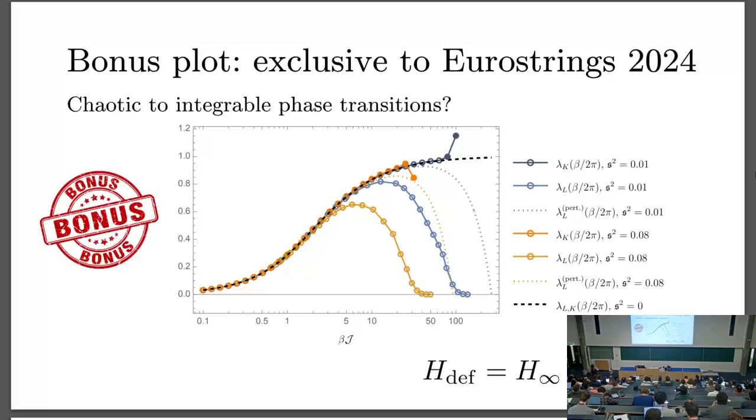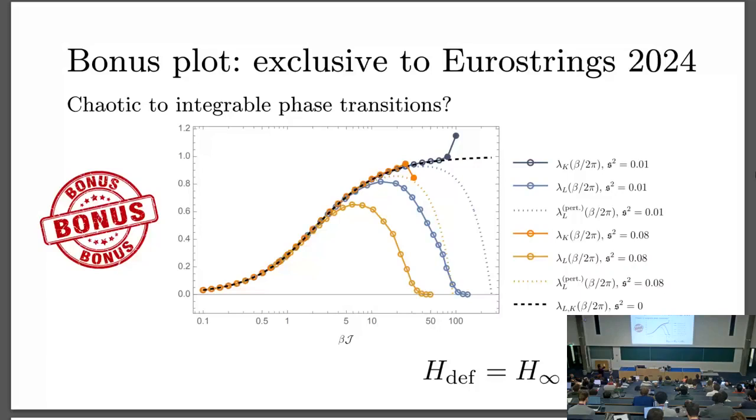So the Lyapunov exponent, we are unable to distinguish it from 0. And at this point, the Krylov complexity stops behaving exponentially. So that's this nonsensical point that you see on the top plots.